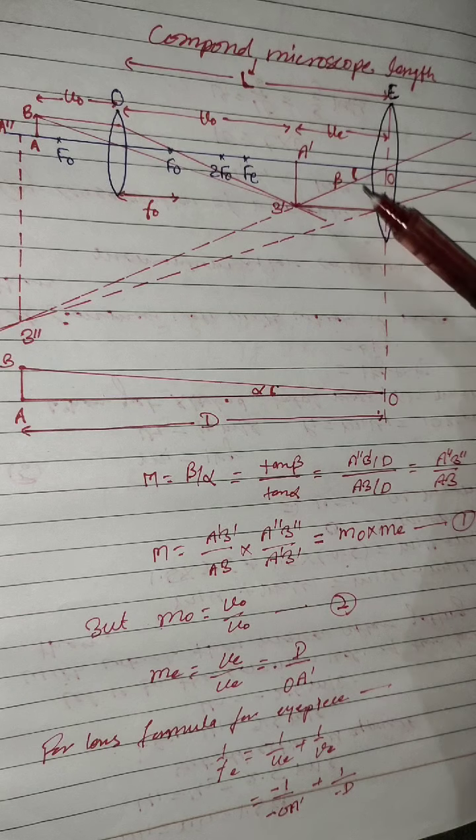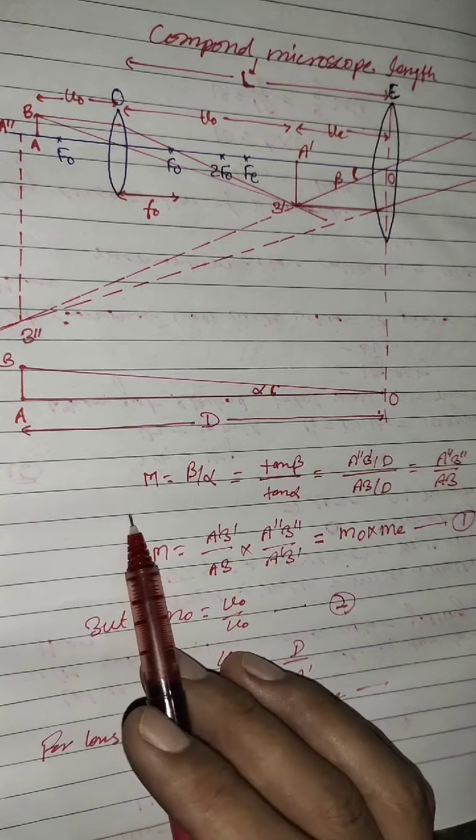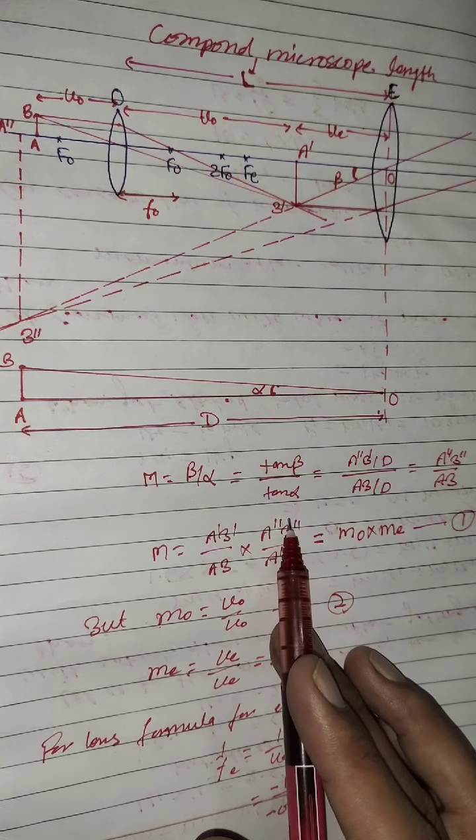In practice, alpha and beta are both very small angles. So by mathematical approximation, we can write m is equal to tan beta upon tan alpha.